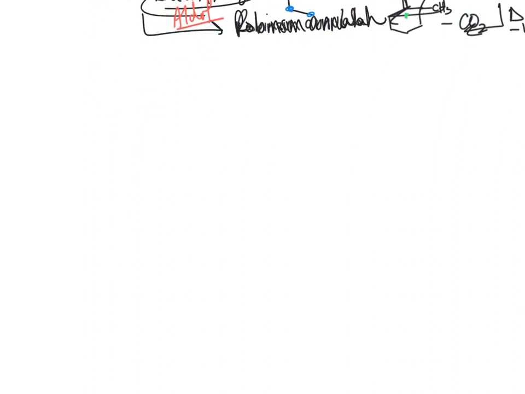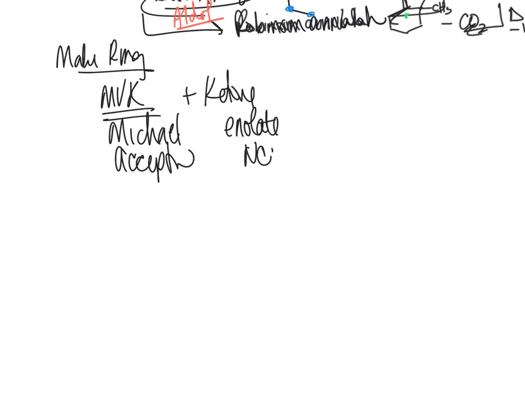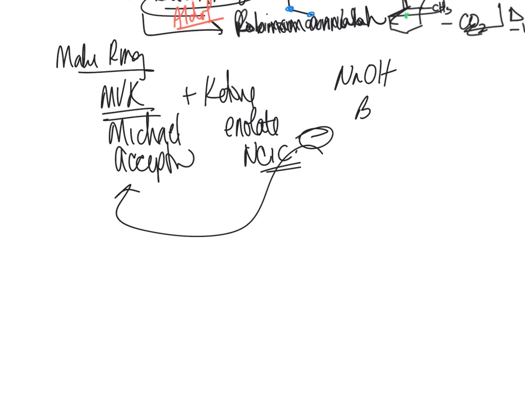Okay? It's going to make a ring. It's ring forming. You use the methyl vinyl ketone most often. So your first step, this is a Michael acceptor plus a ketone. Okay, ketone is going to be your enolate. This is going to be your nucleophile. You can say that's the Michael donor. And it's going to attack your Michael acceptor. You're going to use sodium hydroxide base.